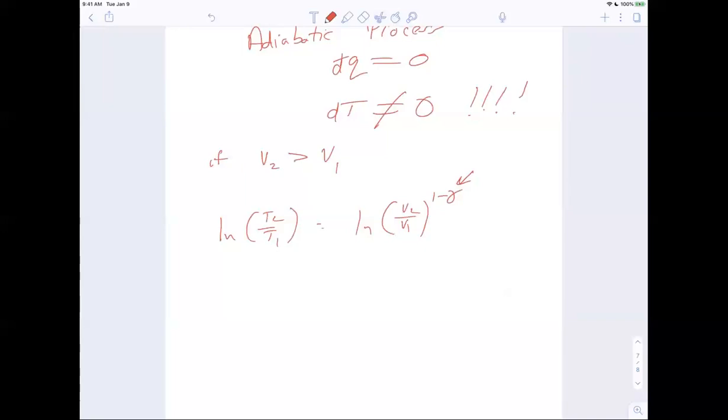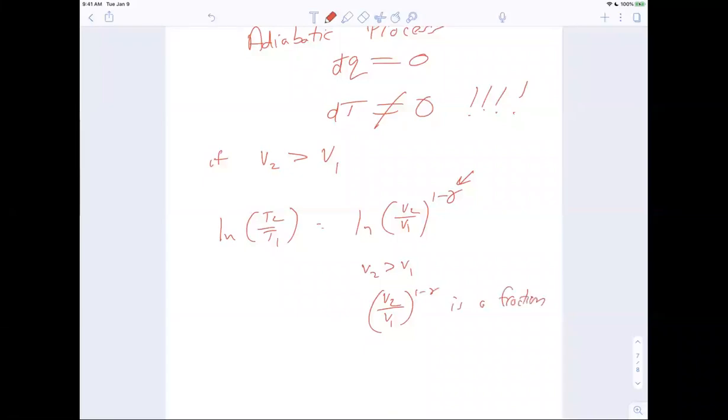V2 over V1, though V2 is greater than V1, would be raised to a negative exponent, meaning that that's going to be a fraction. Essentially, it's going to be a fraction. Okay. So if V2 is greater than V1, V2 over V1 raised to the 1 minus gamma is a fraction.